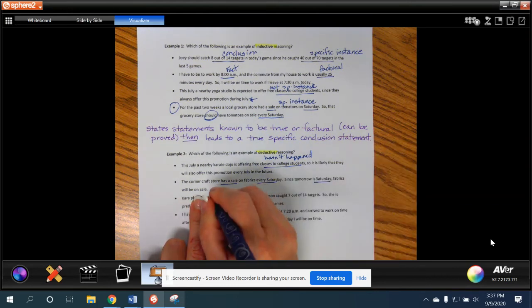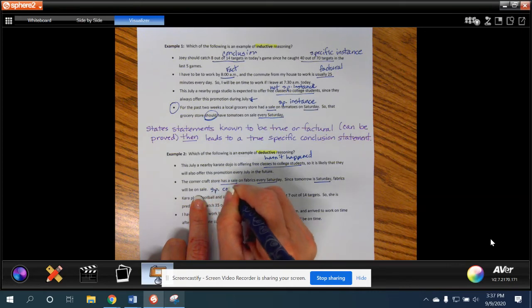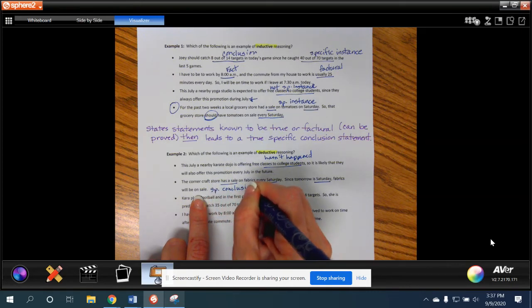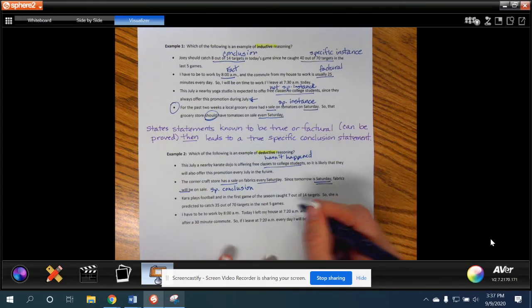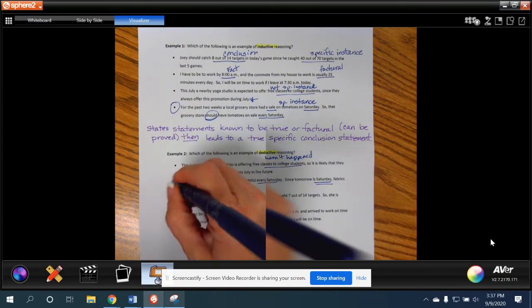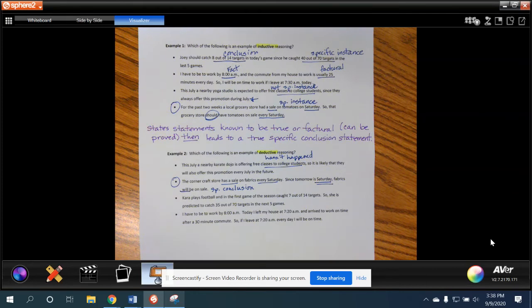That is a specific conclusion. It is saying on the Saturday. So it's specific to date and specific to fabrics will be on sale. That makes sense, and that would be our deductive reasoning.